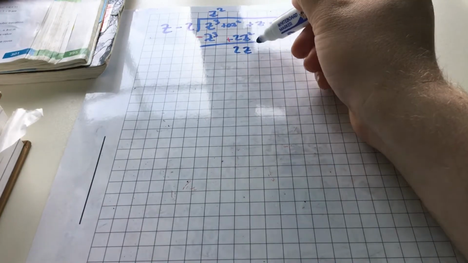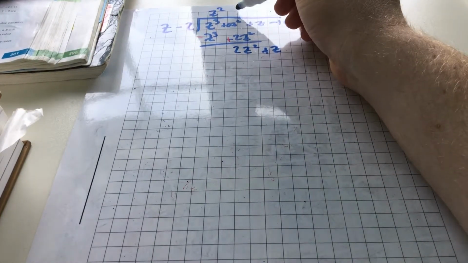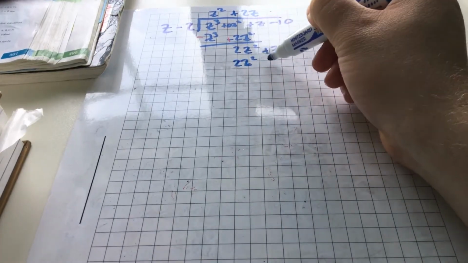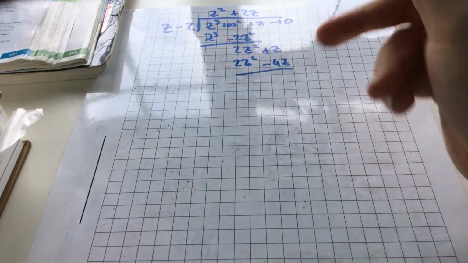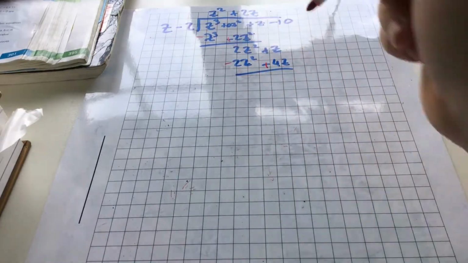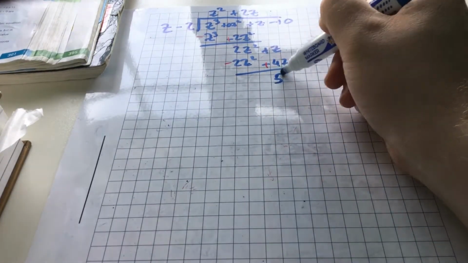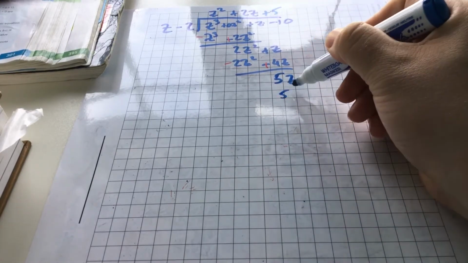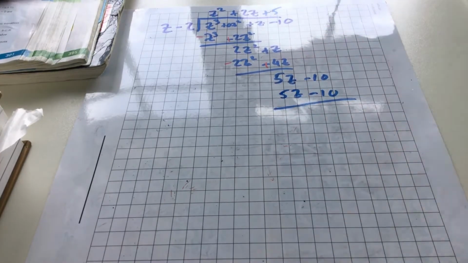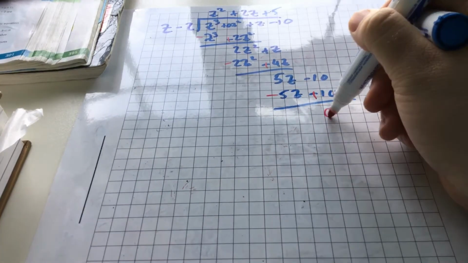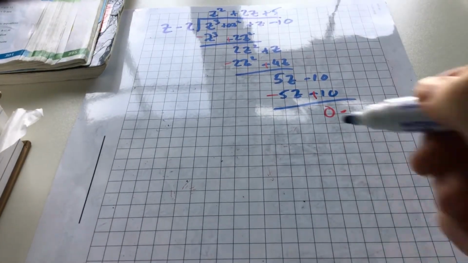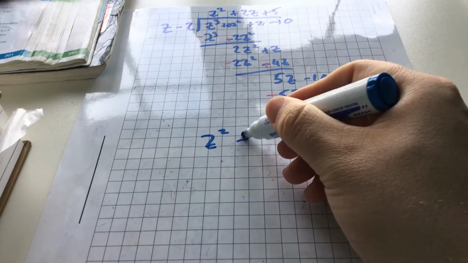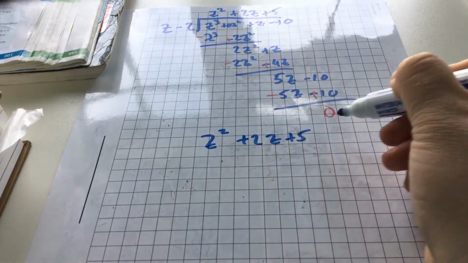I get 2z squared plus z. So plus 2z there. 2z squared minus 4z. Change the sign. 5z minus 10. So that's plus 5. So the factor which is going to create our complex roots is z squared plus 2z plus 5.